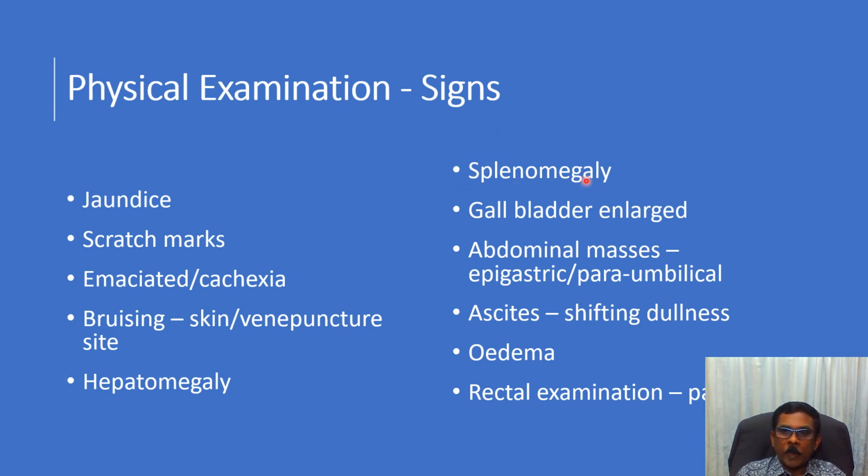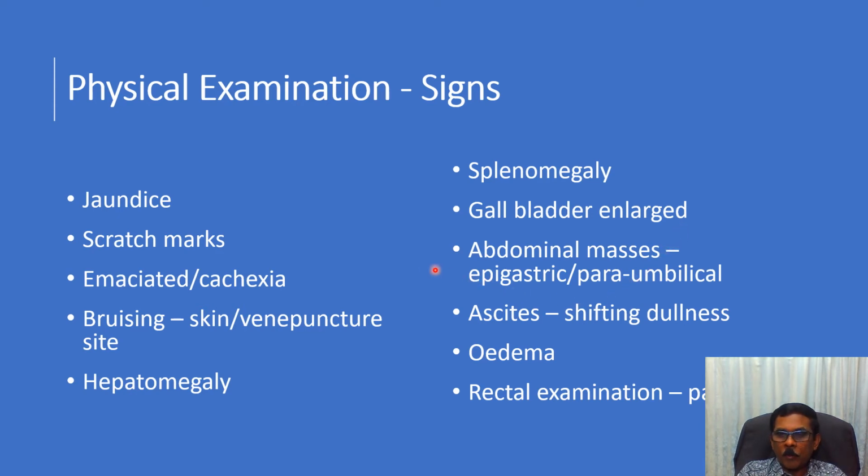We can get splenomegaly. The gallbladder can be enlarged, and this is in keeping with Courvoisier's law. If it is enlarged in a patient with obstructive jaundice, it is most likely not caused by obstruction by gallstones, but more likely to be a sinister malignant lesion in the head of the pancreas, cholangiocarcinoma, or periampullary carcinoma.